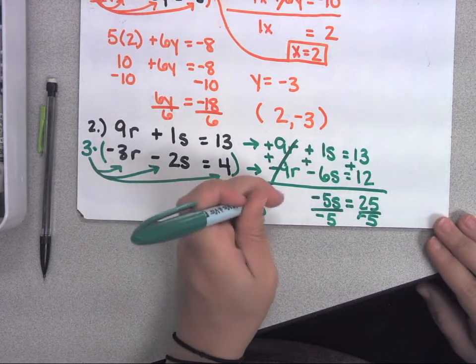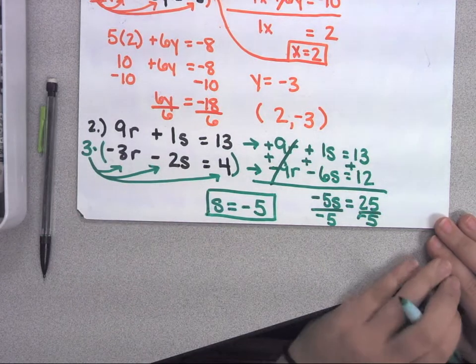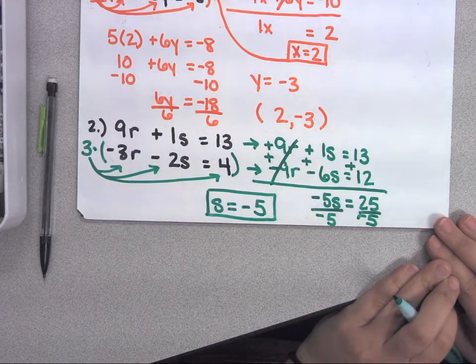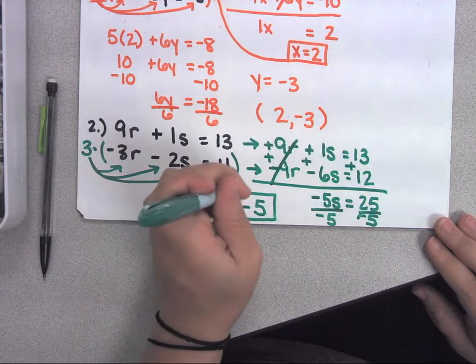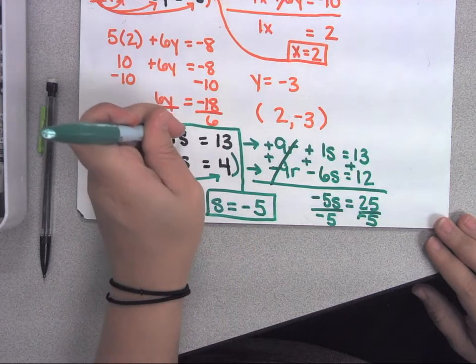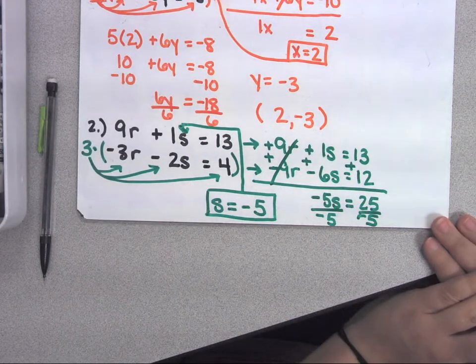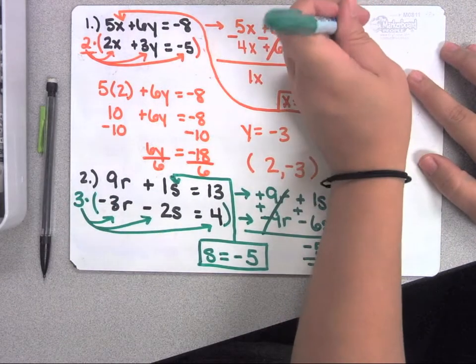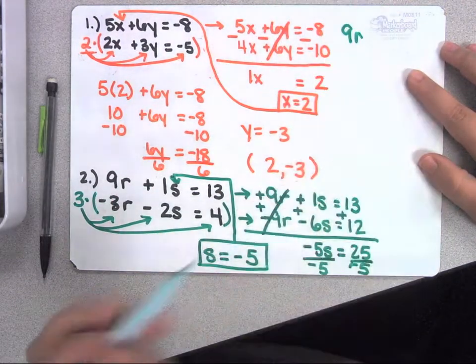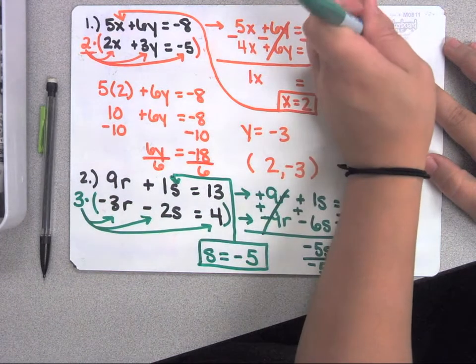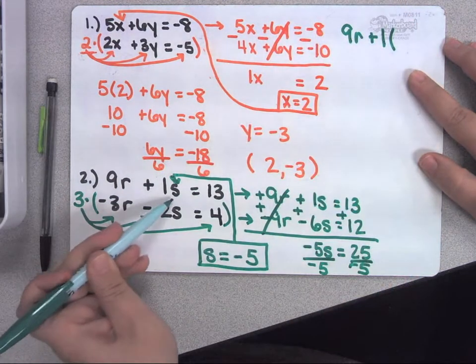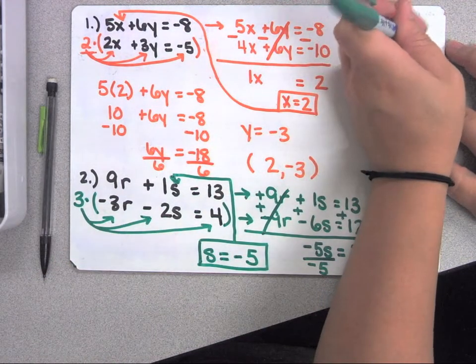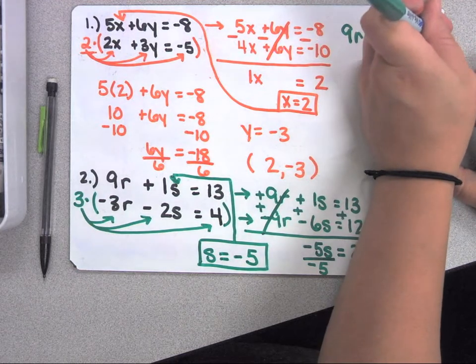Now that I know what s is, Risa, where am I going to plug that s into? One of the original equations, and I would do the first one. Right there. I'm going to write it up here. So it says 9r, we don't know what r is, plus 1 times s, which is negative 5, equals 13.